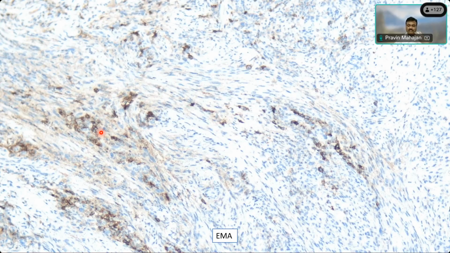So you should know that plasma cells also express EMA. That is your internal control here, showing that your EMA stain has worked. So one should know that even though it is epithelial membrane antigen, it is expressed in plasma cells. You should remember this, because in some settings this kind of aberrancy will help you make a correct interpretation of the immunostain.